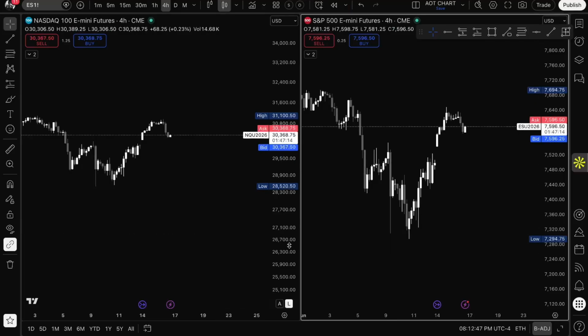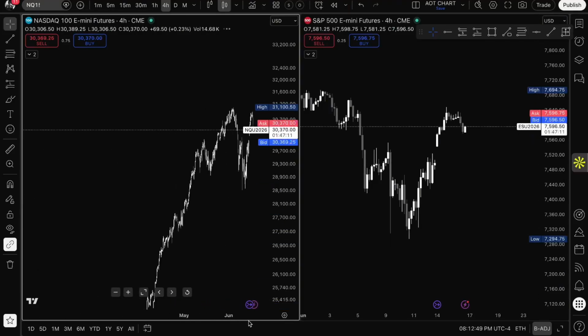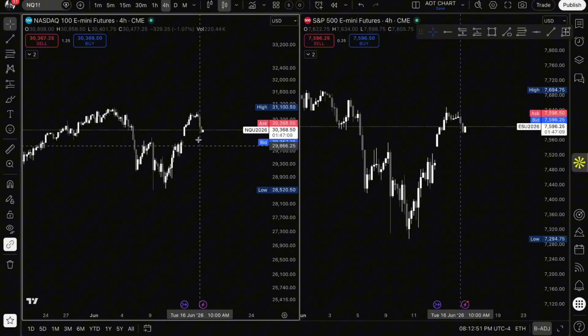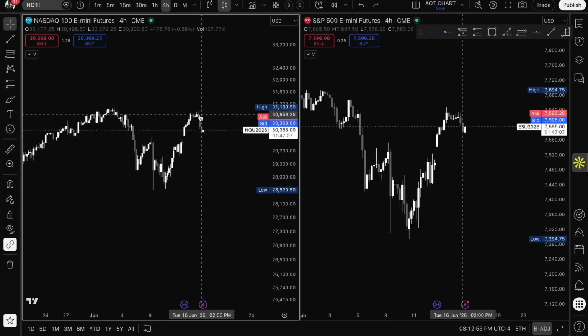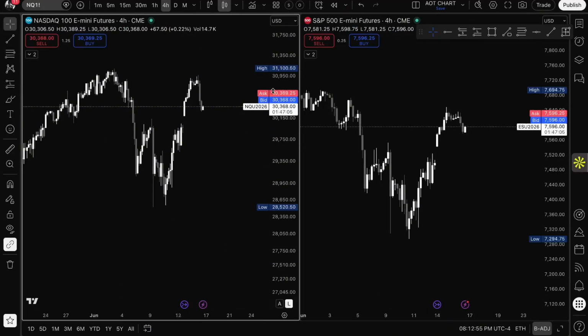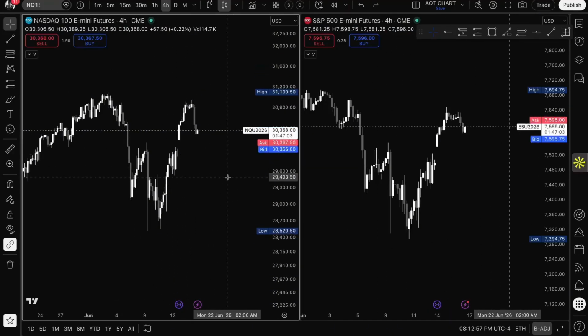So one of the most important parts of my strategy is being able to understand the higher time frame and where price wants to go, right?